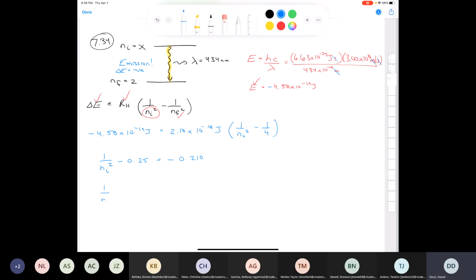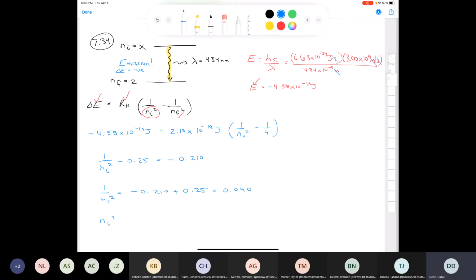Now I get 1 over n initial squared is equal to negative 0.210 plus 0.25, which equals 0.040 or 0.04.